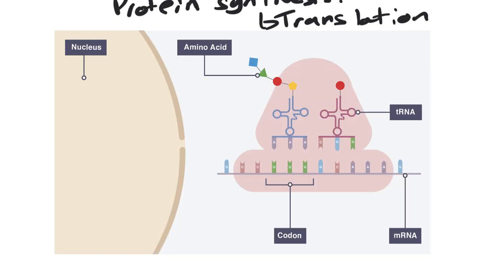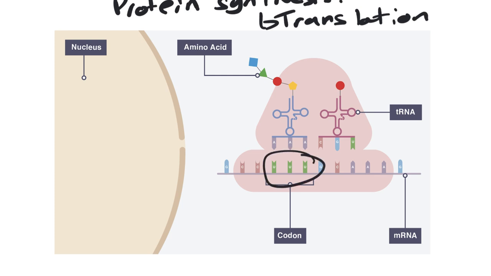As I said before, the mRNA leaves the nucleus and comes to your ribosome. Your ribosome will hold your mRNA in place, and it reads the mRNA in triplets. That's three bases, called a codon. So this is your codon here, as the three bases are read.